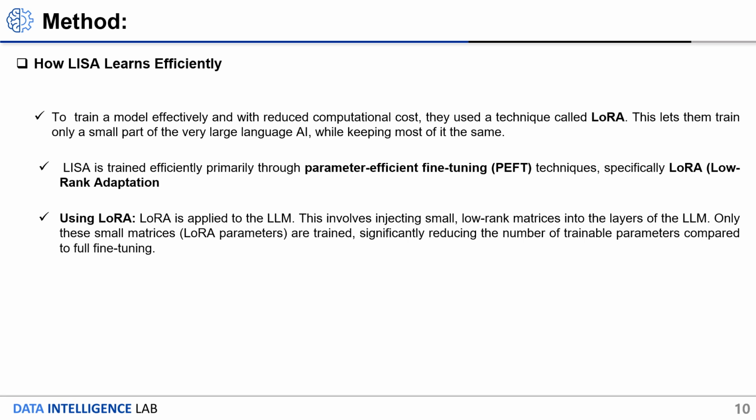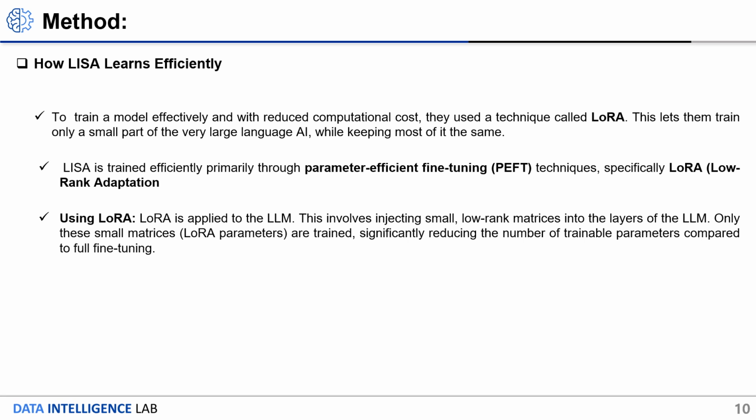To train the model effectively and with reduced computational cost, they use a technique called LoRA. This lets them train only a small part of the very large language AI while keeping most of it the same. LISA is trained efficiently primarily through parameter-efficient fine-tuning techniques, especially LoRA.